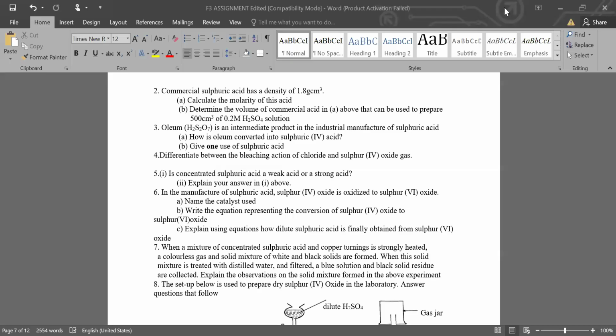The bleaching agent has taken the oxygen from the dye. That is bleaching through reduction. That bleaching is not permanent because this dye without oxygen is decolorized.